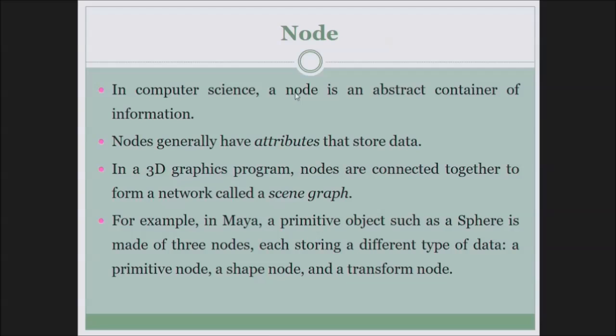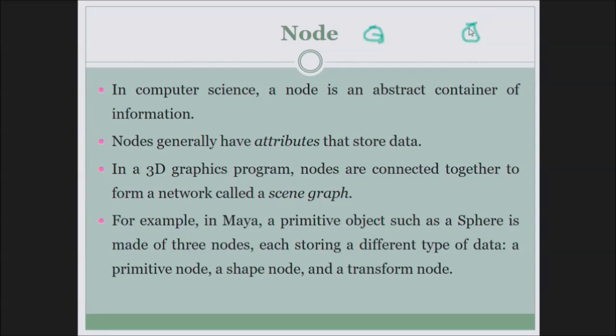The node. What happens in computer science? A node is an abstract container of information. Means they are generally attributes that store data, but in terms of a 3D graphics program, these nodes are connected together to form a network called a scene graph.